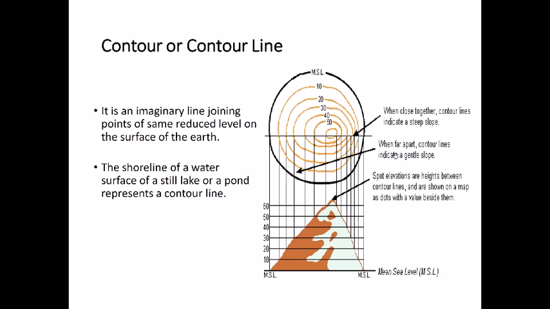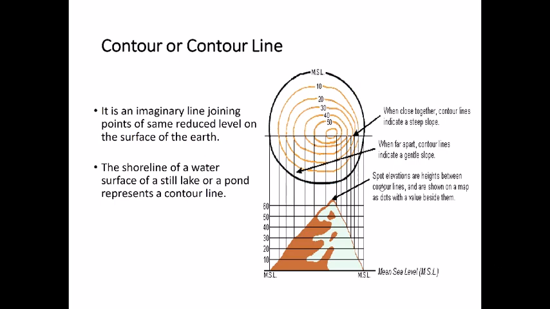So the contours along this side will be closely spaced, more close to each other. And on this side, where the slope is milder, the contours will be more spaced away from each other, or the space between two consecutive contours would be more. Whereas where the slope changes abruptly, the space between two contours will be smaller.